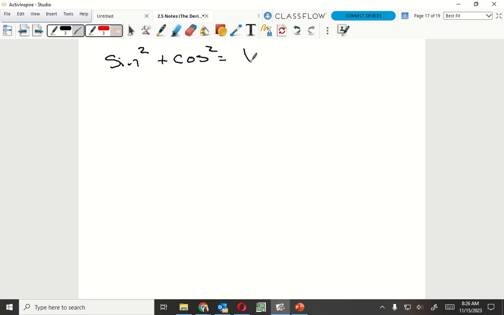Whenever I want to make something into a tangent, I want to have sine over cosine, right? Tangent is going to be a key, because it tells me I have sine over cosine. Cotangent would also be a key that says I have cosine over sine. So I'm going to divide everything here by cosine squared.